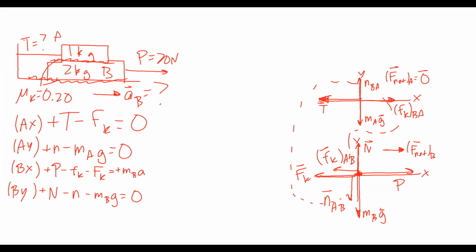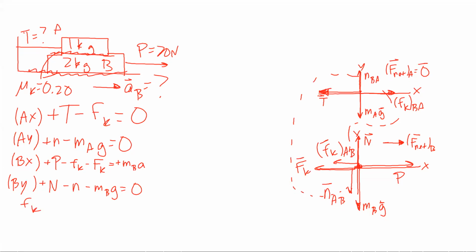And technically, we also know that little friction is equal to mu sub k times little normal, and big friction is equal to mu sub k times big normal. So a very big system of linear equations.